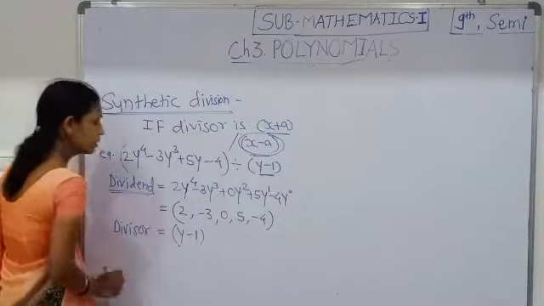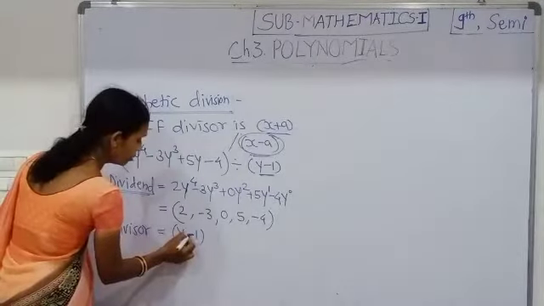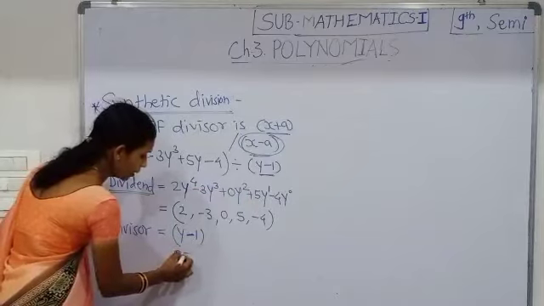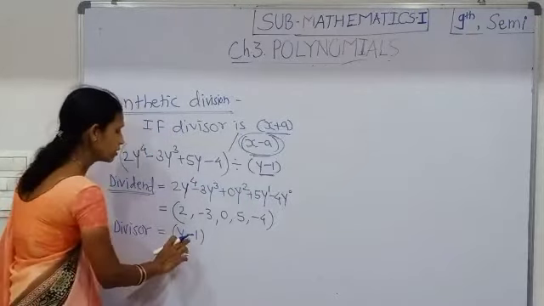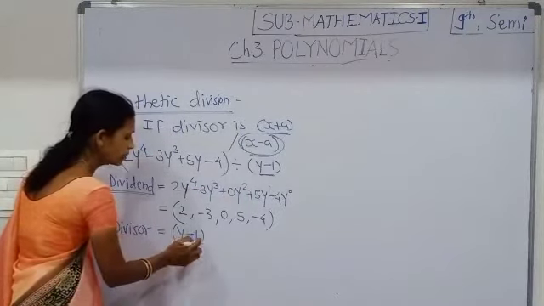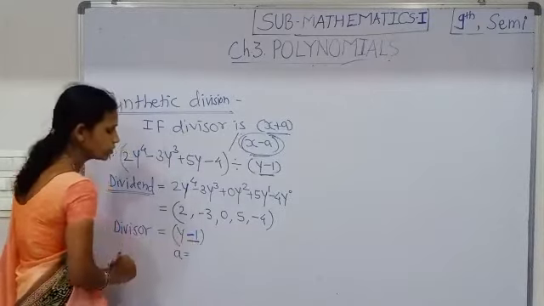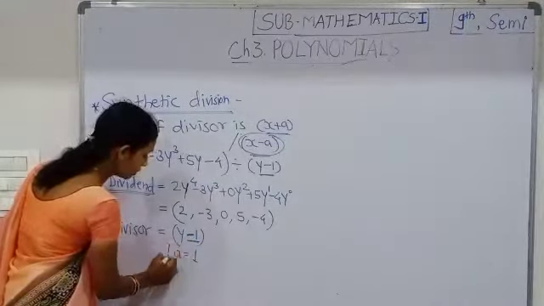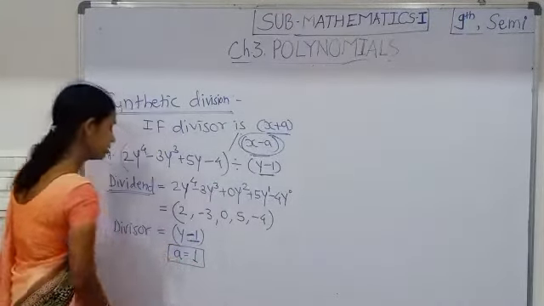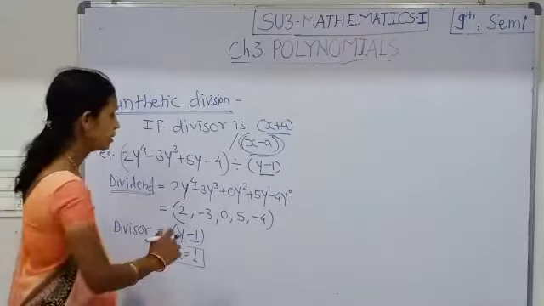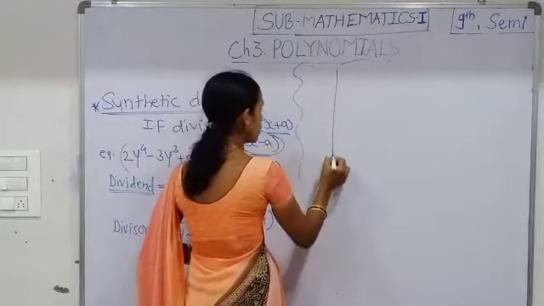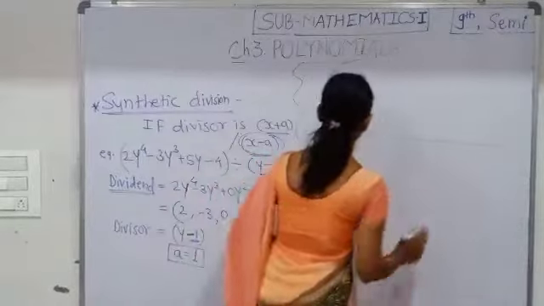First we have to find the value of a. Here the constant term is minus 1, so the opposite of minus 1 is plus 1. Here a is equal to 1. Then we solve the example using these concepts.